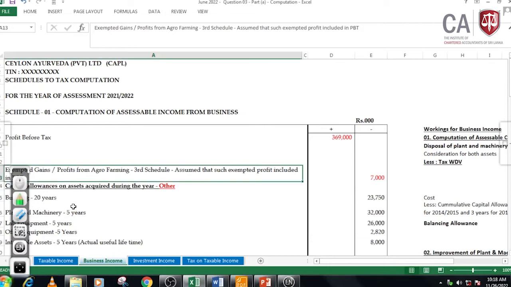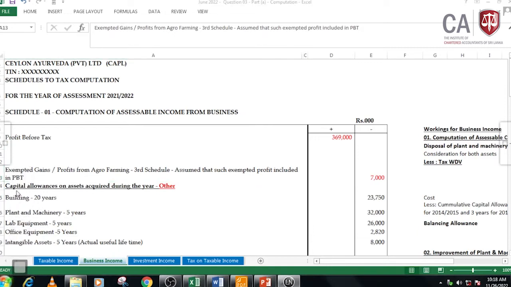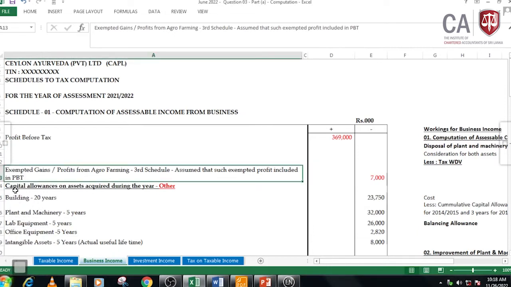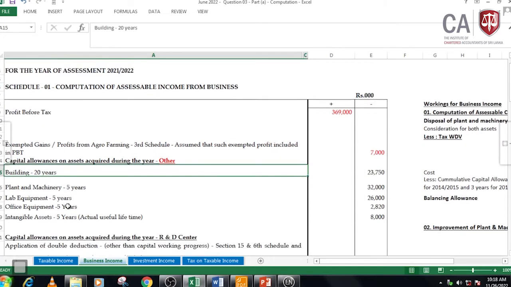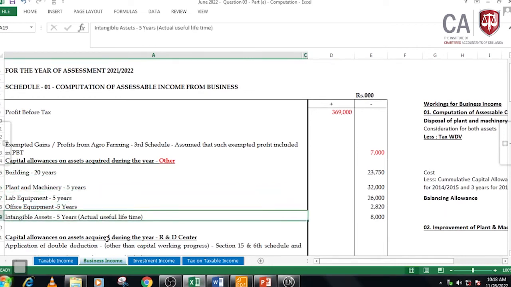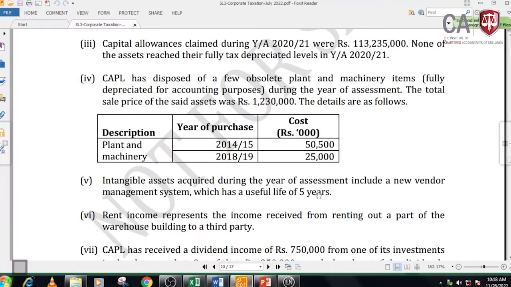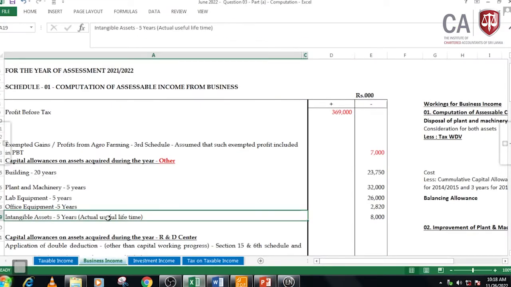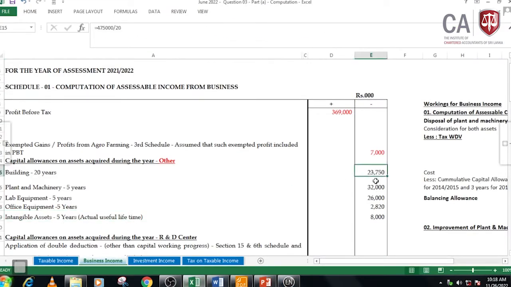Capital allowances on the asset acquired during the year, I have first taken to other. Building 20, plant and machinery, lab, office equipment and intangible asset 5 years. In the question it has given as 5, then the actual useful lifetime. Now these are the answers on that. It has done.